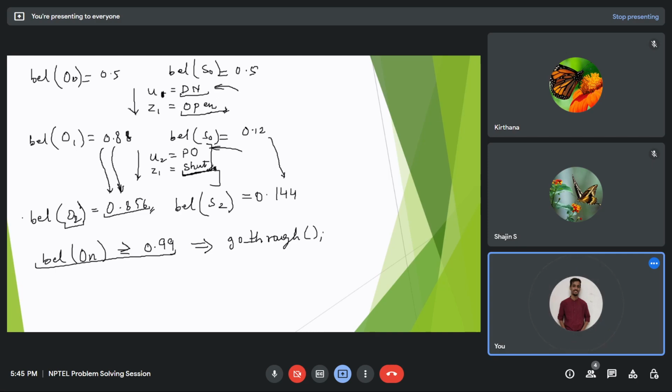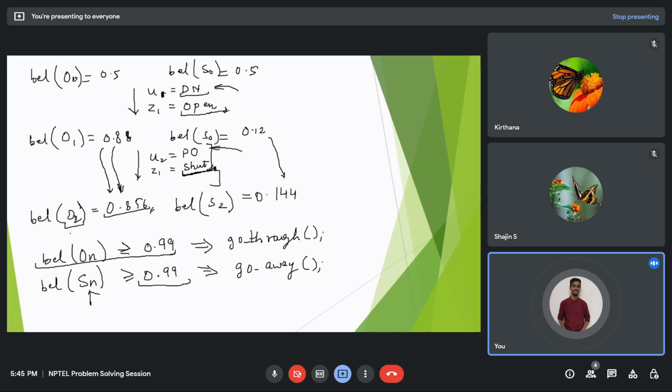Again, let us say that the robot was actually closing the door, then when you're very sure that the door is closed, you go away.